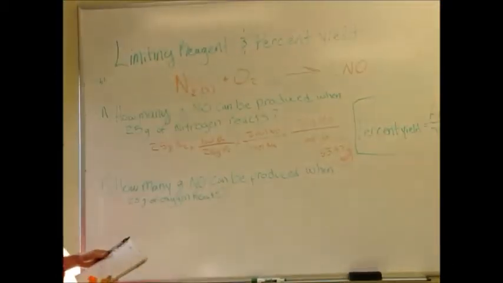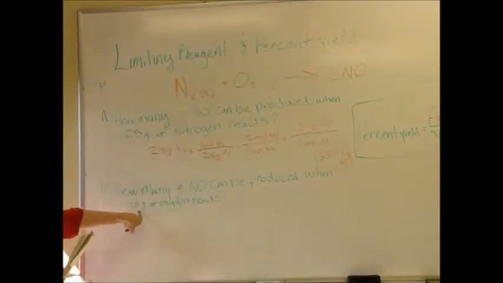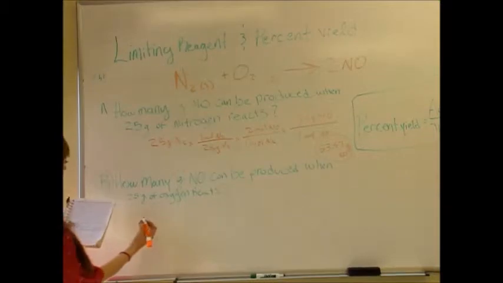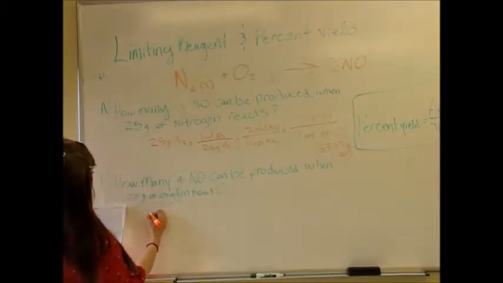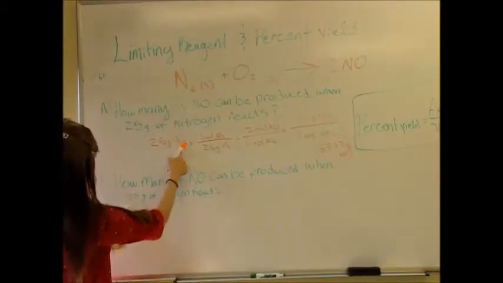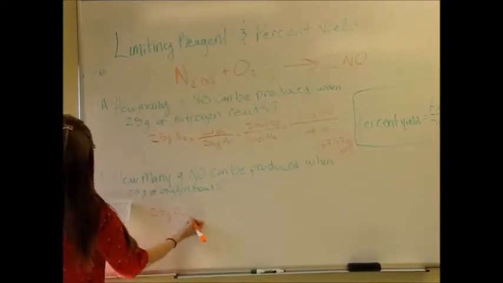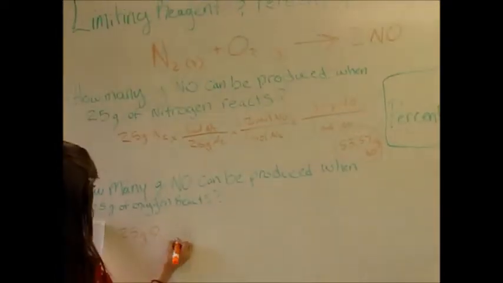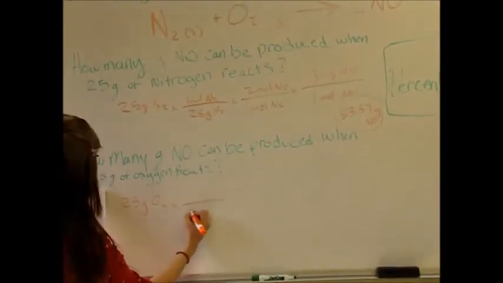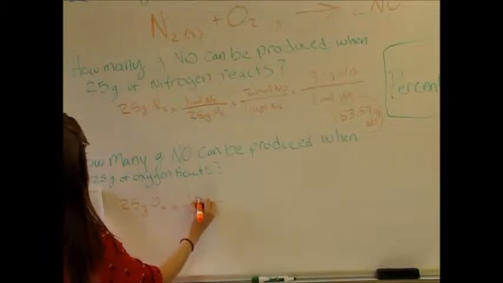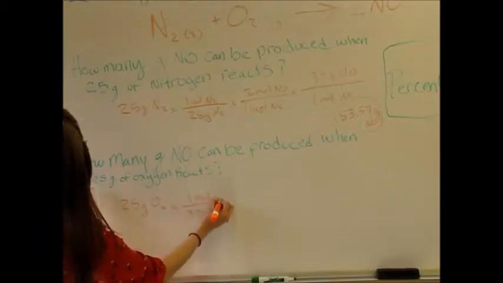Now this question is asking the same except for 25 grams of oxygen reacting instead of nitrogen. So it's going to be the exact same type of problem except we're going to use oxygen instead of N2. So 25 grams of O2 is going to be 32 grams of O2 for every 1 mole of O2.